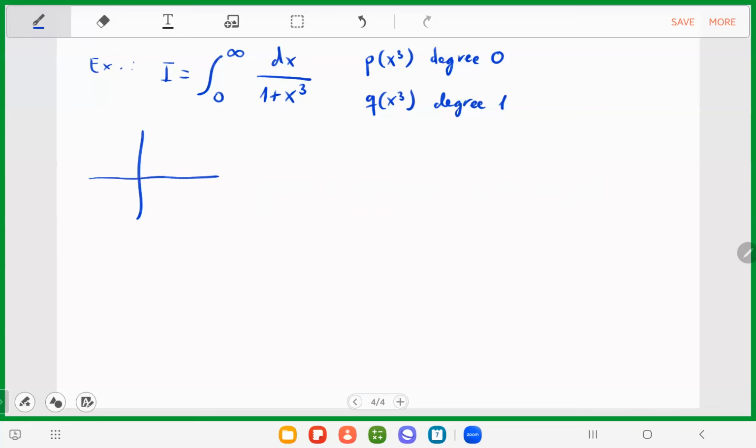It will go along the x-axis, and then 2 pi divided by 3 looks like this, right? Since the argument here is 2 pi divided by 3, the integral along this and the integral along these lines are the same multiplied by a constant.